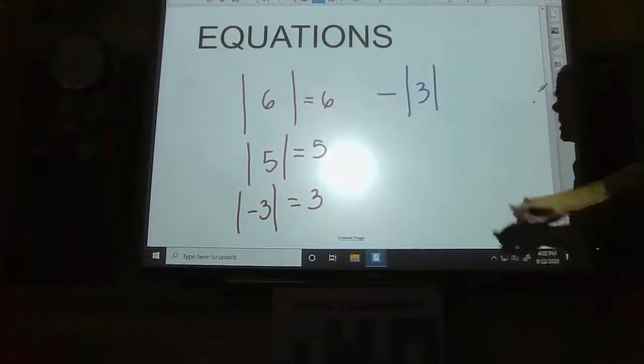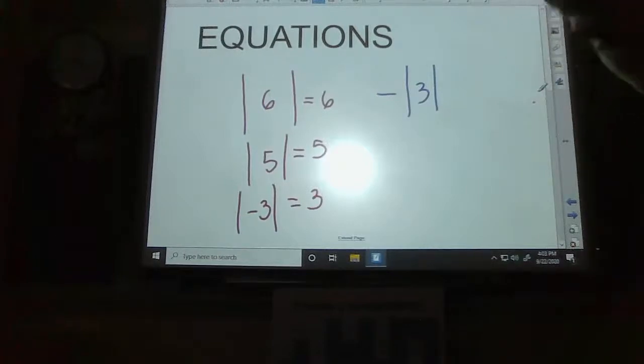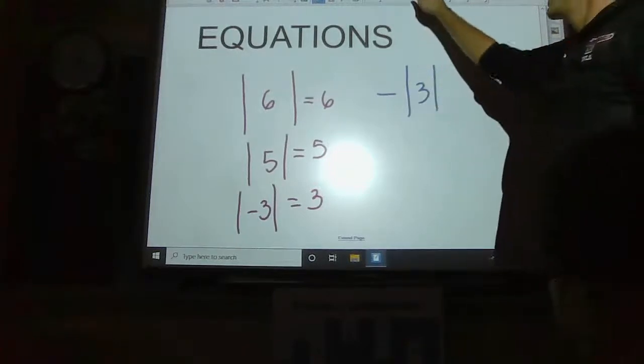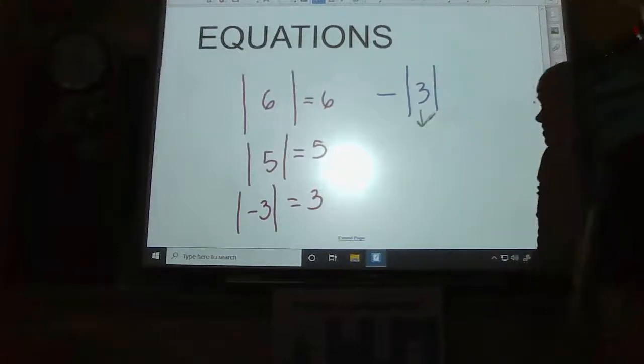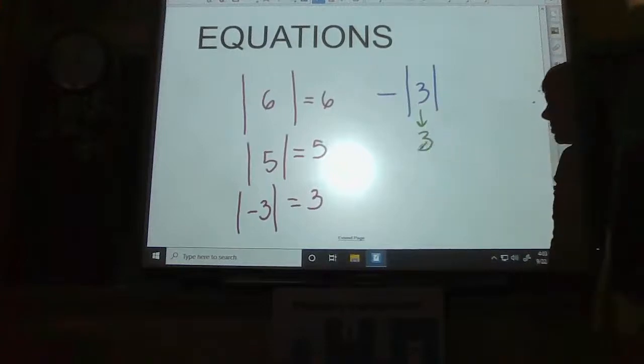And so if you're stuck on one that looks like this, when they start putting symbols on the outside, don't panic. What I kind of do is I treat an absolute value bar kind of like a parentheses that you have to do it first. And so in my head, I would solve this part first. Okay, what is the absolute value of 3? How many places away from zero is it? It's 3 places.